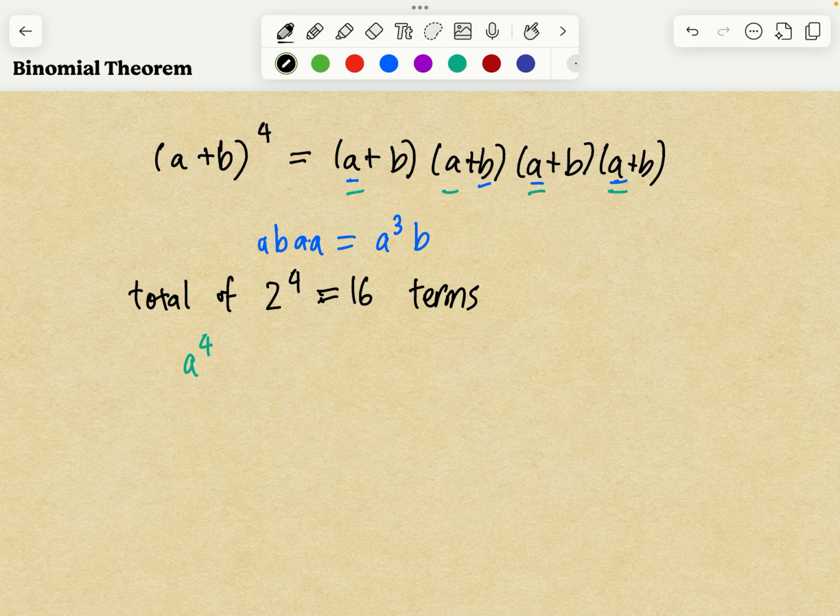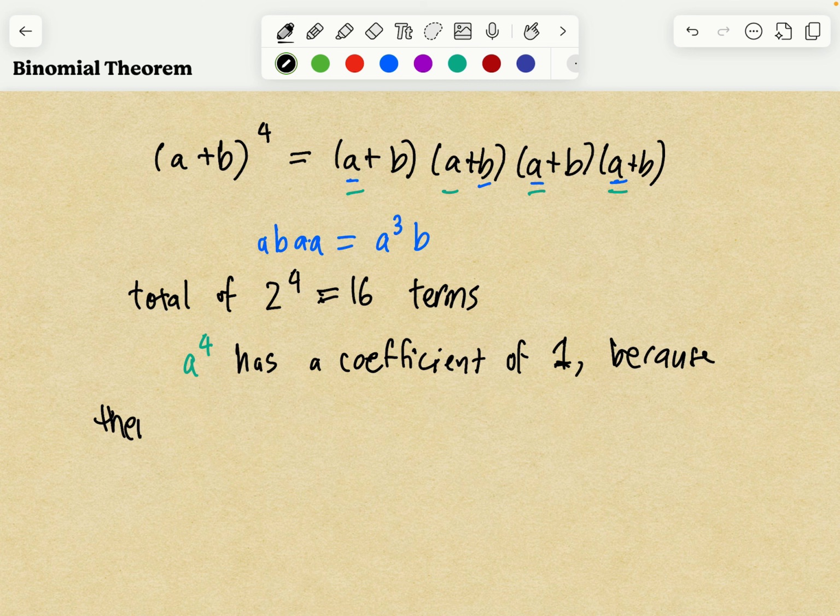So a to the fourth has a coefficient of 1, because there is only one way to pick all a's.